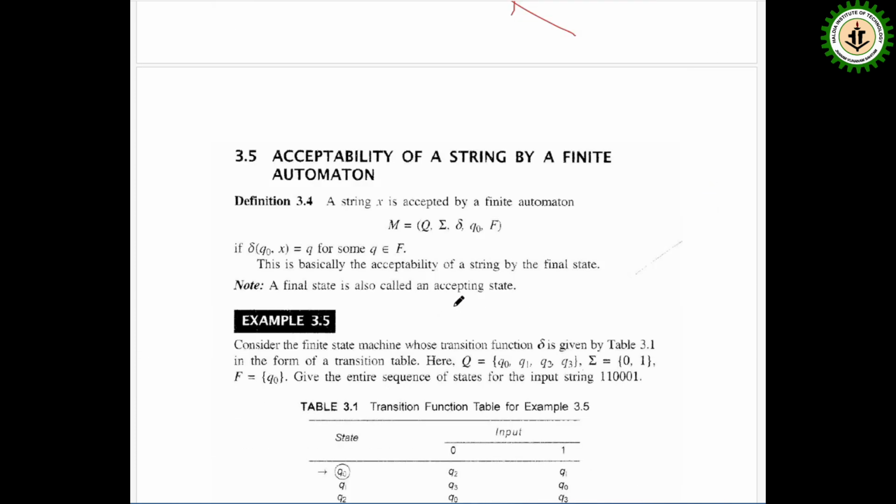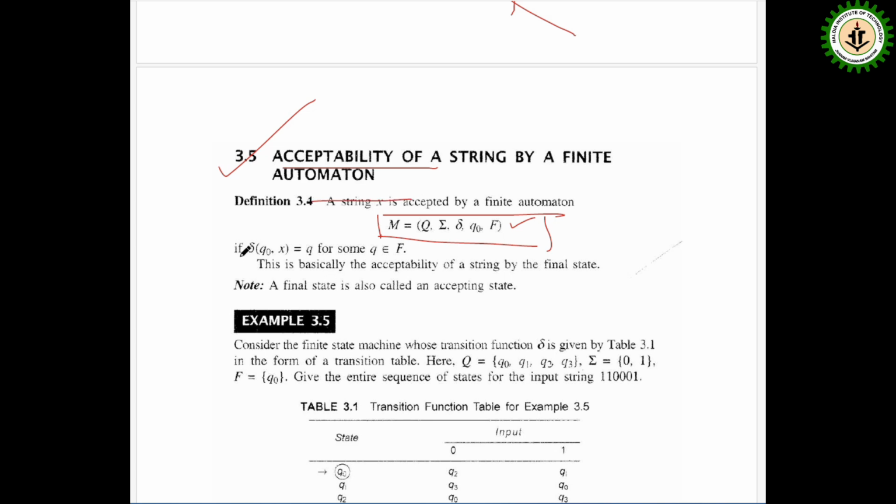So what is the acceptability of a string by finite automata? There is a machine given by Q, sigma, delta, Q0, F. We have already defined this machine. If there is a machine with these parameters and X is a string, what is the acceptability of the string?